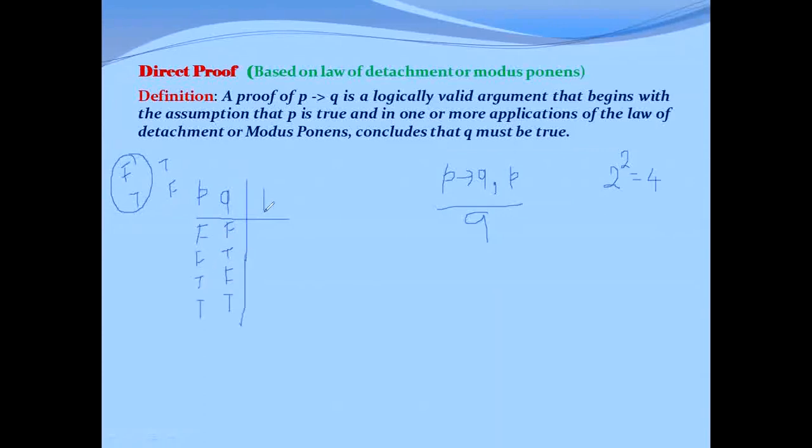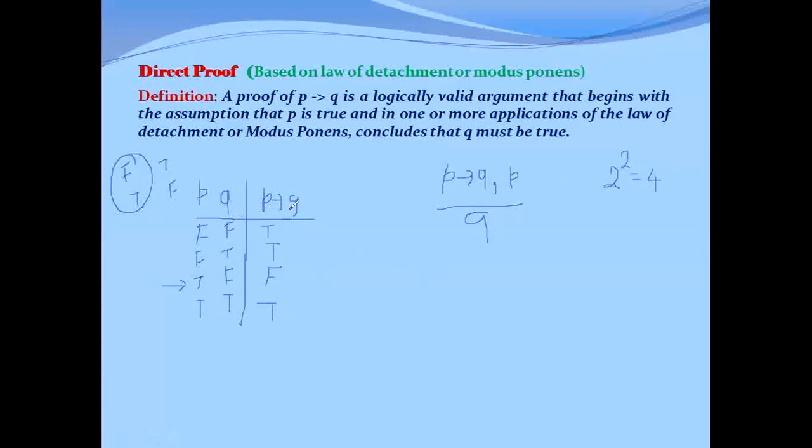Then P implies Q will be false when P is true and Q is false. In the third row, this condition is satisfied. P is true and Q is false. So in this case it is false, and in all other cases it will be true. So there are two propositions, 2 to the power 2 equal to 4, and they are shown here.